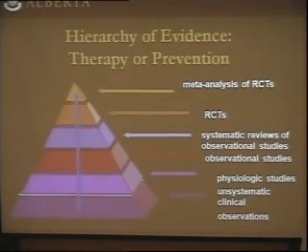Then good quality RCTs, and then systematic reviews of observational studies. Remember, the observational studies are case control, cohorts, and cross-sectionals. Then there are physiological studies, and then unsystematic clinical observations: case series, case reports, and things like that. Some people now put N of 1 studies at the very top of the pyramid.